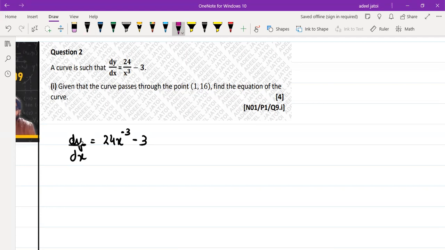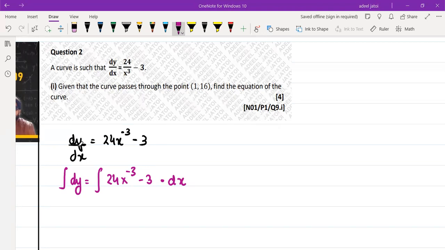Now, if I integrate this, I need to write the sign of integration, that is dy is equal to the integration of (24x^-3 minus 3) dx. This means that in the next step, we are going to integrate this.